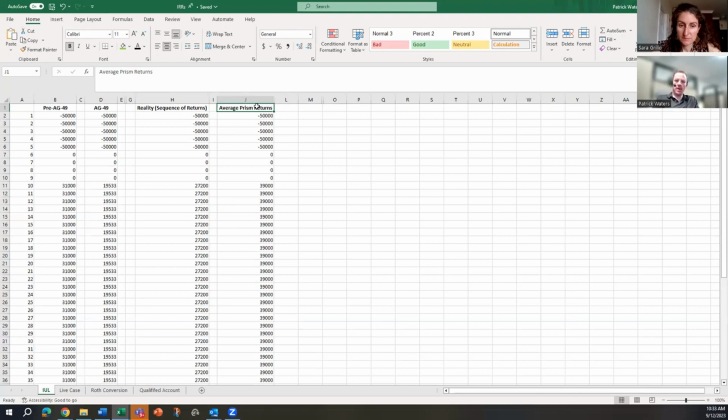Because when you know how an IUL is actually designed, the vast majority of the premium is going into buying high-grade corporate bonds. And capital markets are efficient.